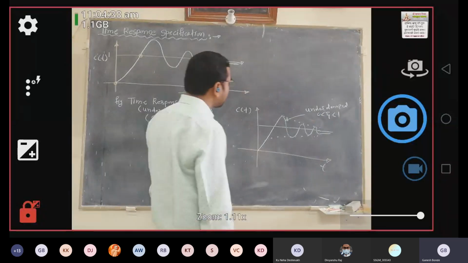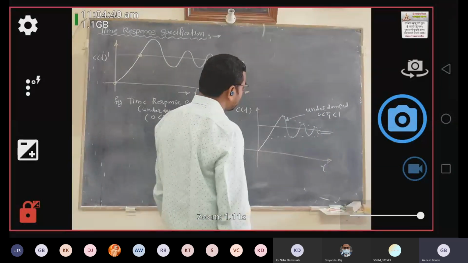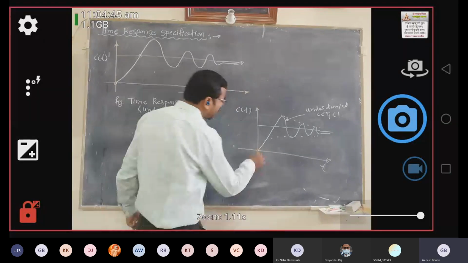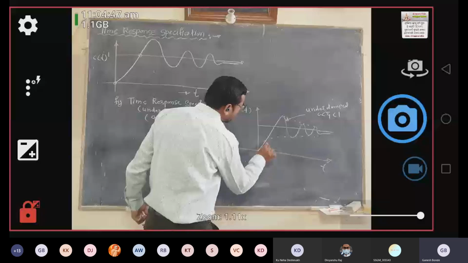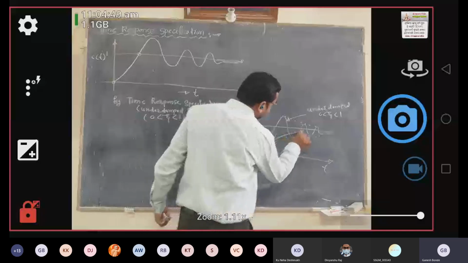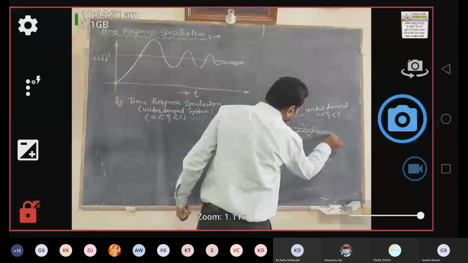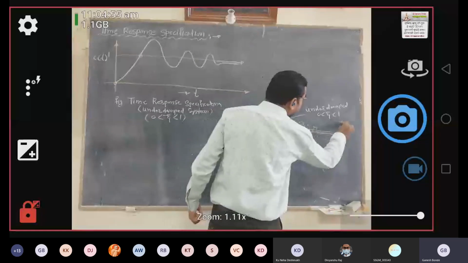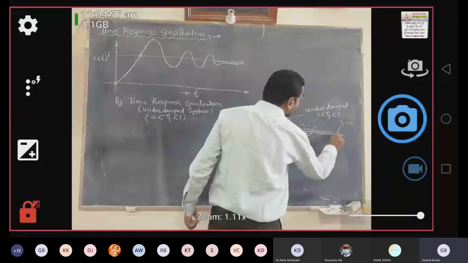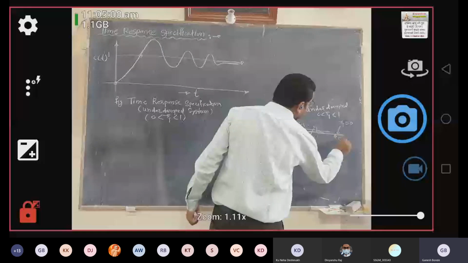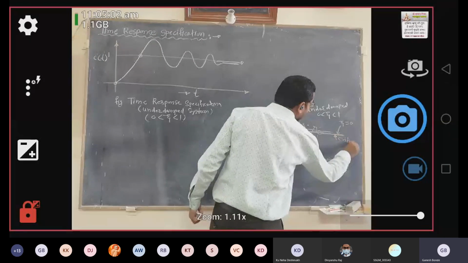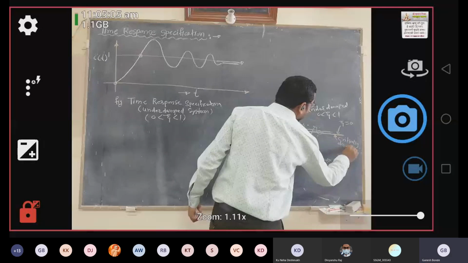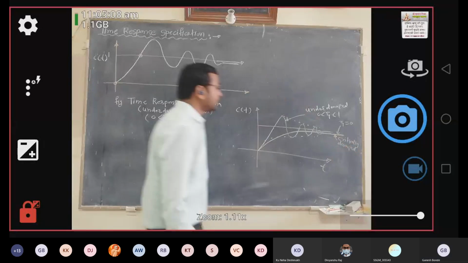Then the second type of response we have seen is when zeta is equal to 1. For zeta equal to 1, we got the response like this. Such a response is called the critically damped response. Why is it called critically damped?